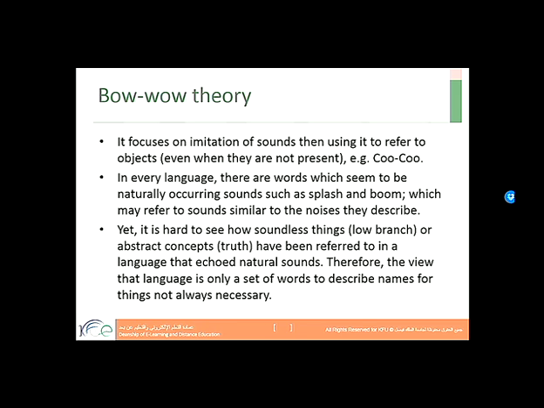Therefore, the view that language is only a set of words to describe names for things is not always necessary. We can't claim that all words describe names for things. We have other words which may not necessarily describe things or names.